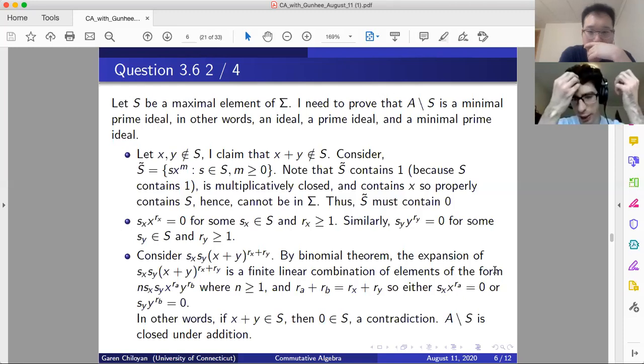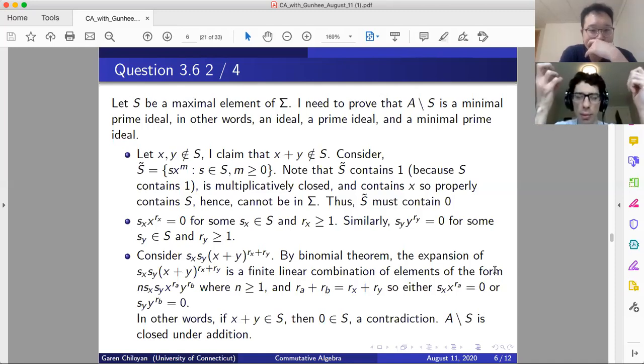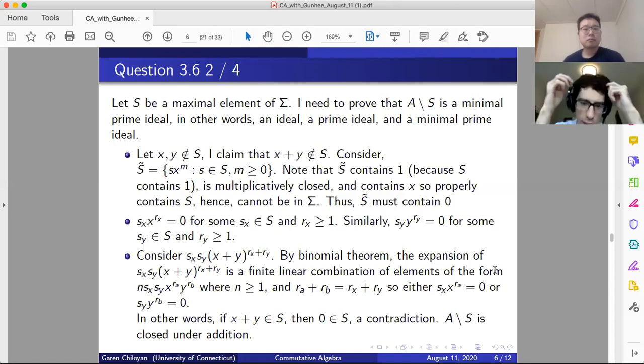So consider Sx times Sy times the sum of x and y to the Rx plus Ry power. By the binomial theorem, you can expand this, and then you'll see there's just a finite linear combination of elements of the form some integer n, Sx, Sy, and then some power of x and some power of y, such that their powers add to Rx plus Ry.